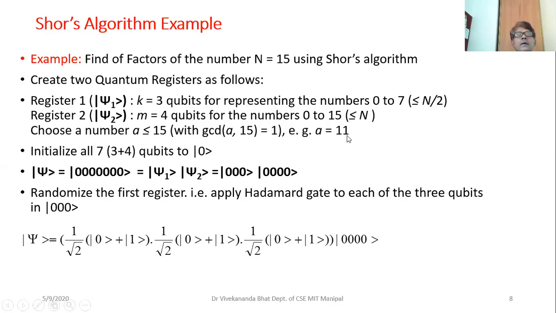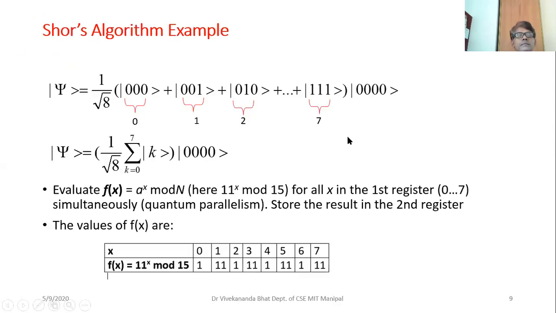For example, we have selected a equal to 11. Therefore, we have f of x equal to a to the power of x mod n, here 11 to the power of x mod 15, for all values of x in the first register, 0 to 7. Simultaneously, using quantum parallelism, store the result in the second register.